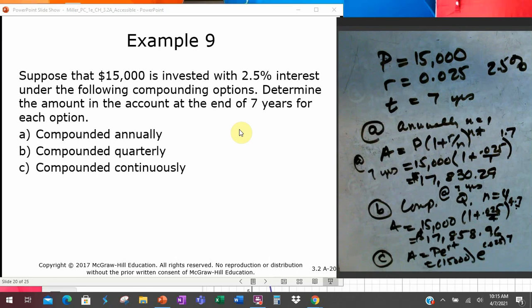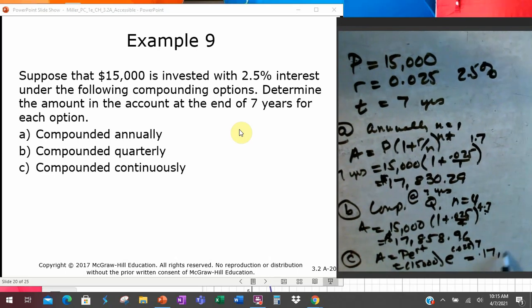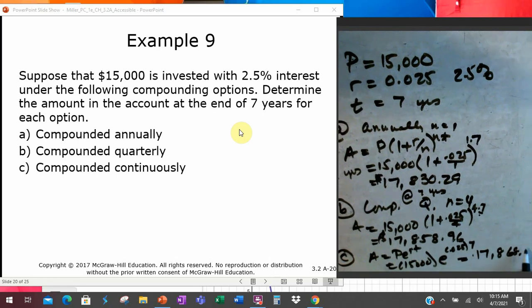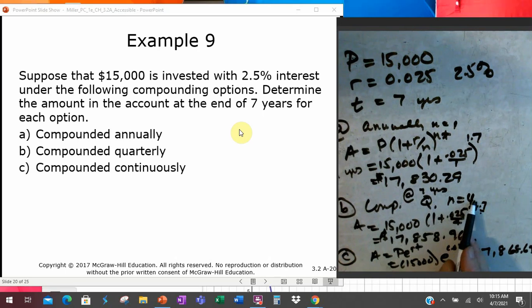I get $17,868.69. Not a lot, but again, this is just on $15,000. No matter how many times I increase this, monthly, daily, hourly, this is still going to be the limiting factor that I get.